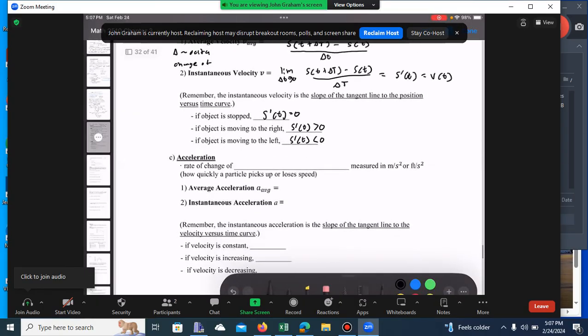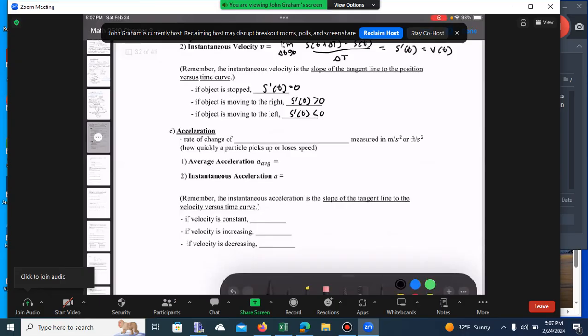Now, if we continue taking derivatives and take the next derivative, we get the rate of change of your velocity function, which is your acceleration function. We'll measure that in some distance per time squared, meters per second squared, feet per second squared. So it's how quickly a particle picks up speed or loses speed.